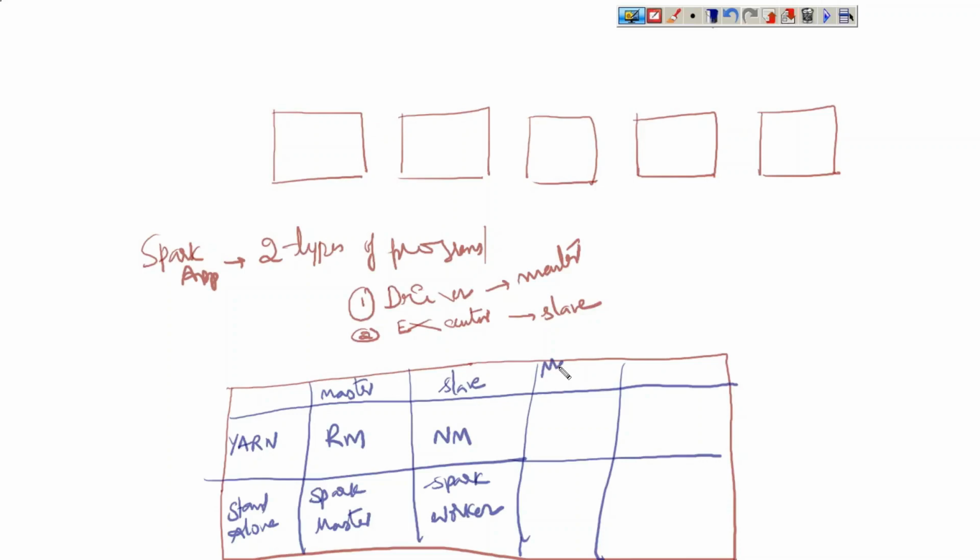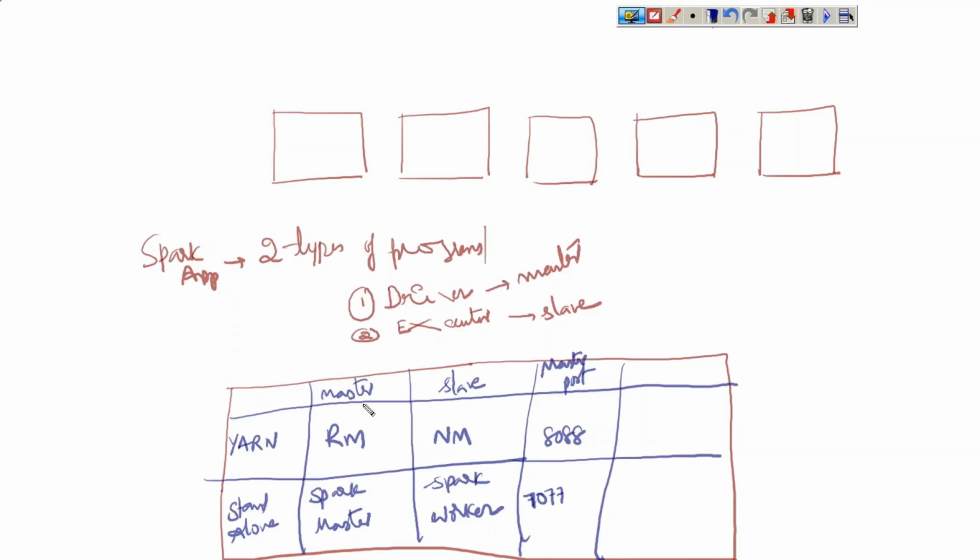And the master port number: for the resource manager it is 8088, and in case of a standalone cluster, the master port number is 7077. So resource manager, node manager, Spark master, and Spark worker. 8088 is the port number of the resource manager, and 7077 is the port number of the Spark master.